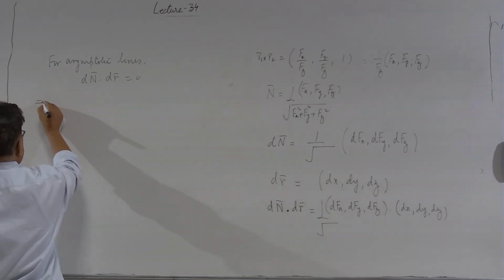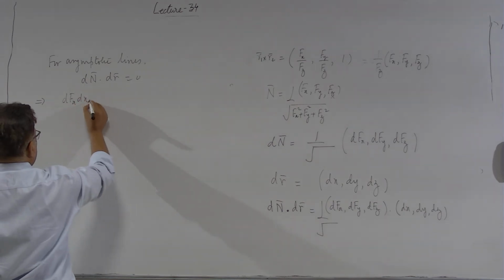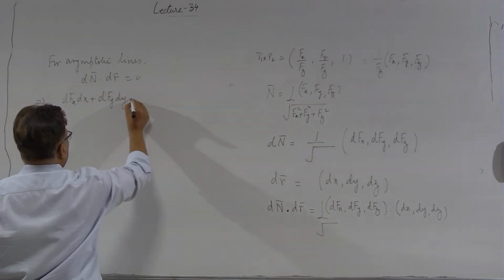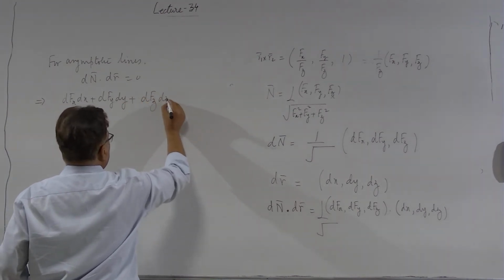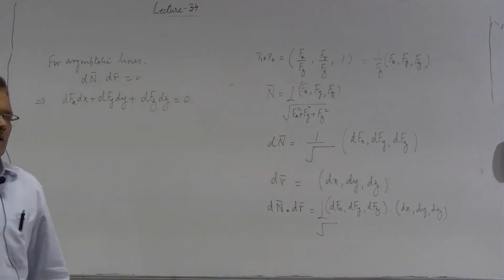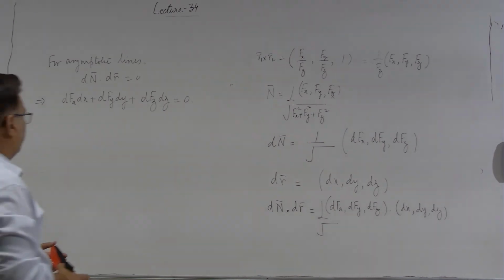This implies that df/dx into dx plus df/dy into dy plus df/dz into dz equal to 0. So, this gives you the asymptotic lines on the surface whose equation is given in implicit form.